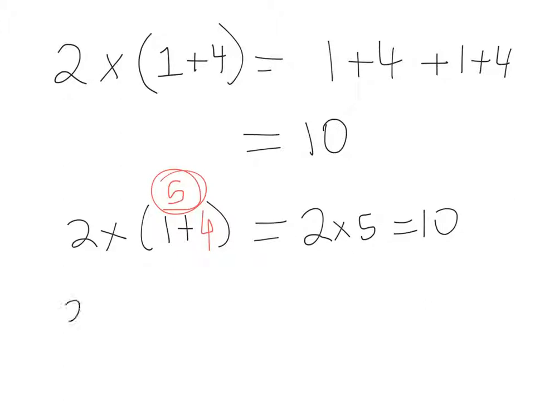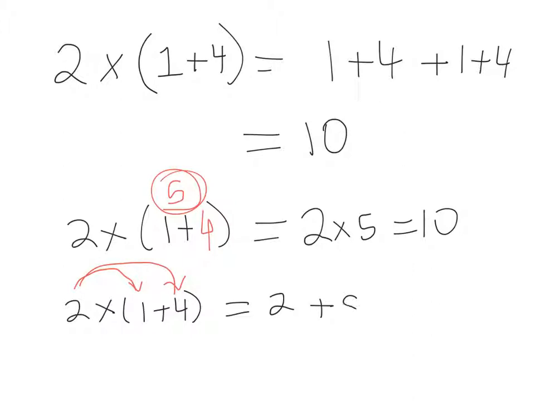Another way we could do it is to write 2 times 1 plus 4. Now this way might seem a little bit silly, but when you're doing algebra, this way that I'm about to show you becomes really, really handy. So if we go 2 times 1, 2 times 1 equals 2, plus 2 times 4, 2 times 4 equals 8.